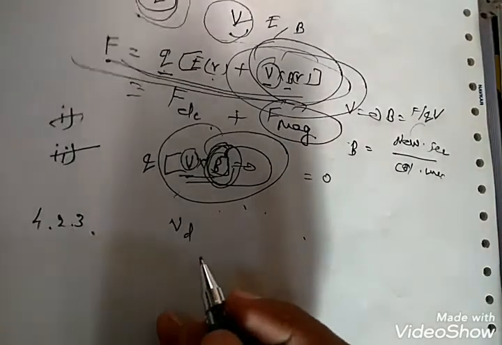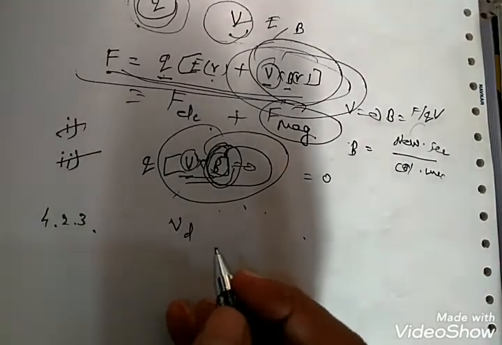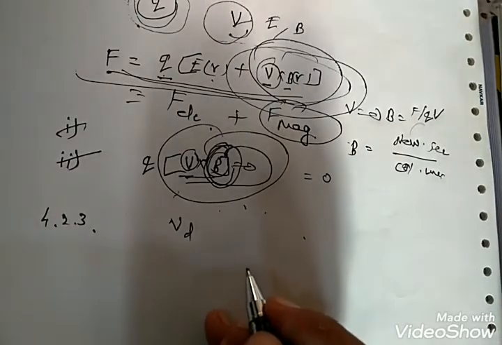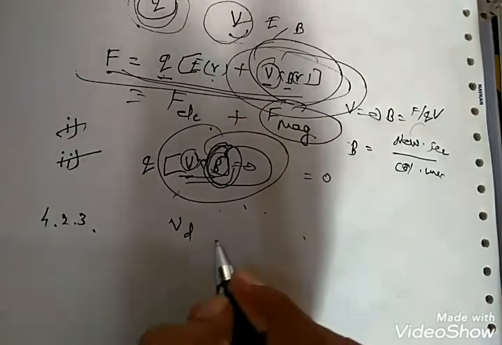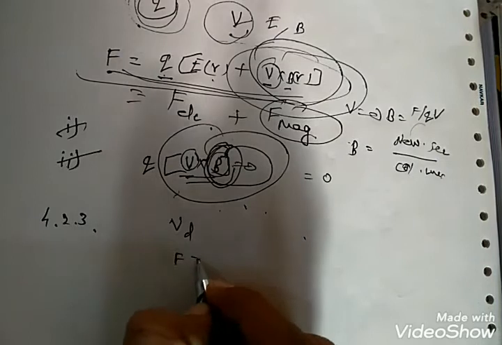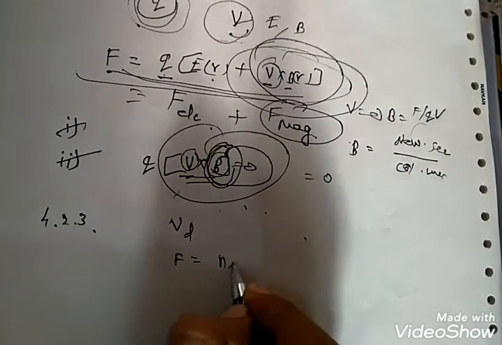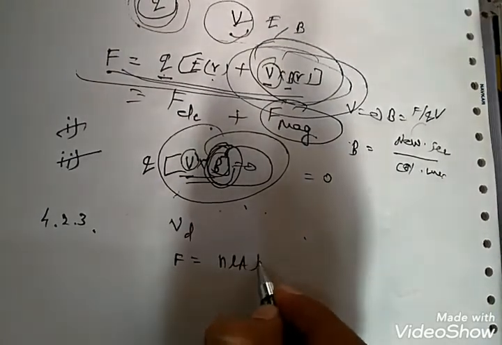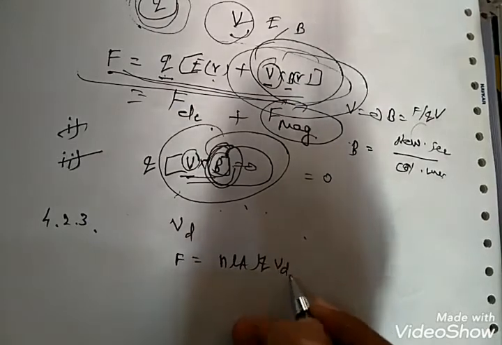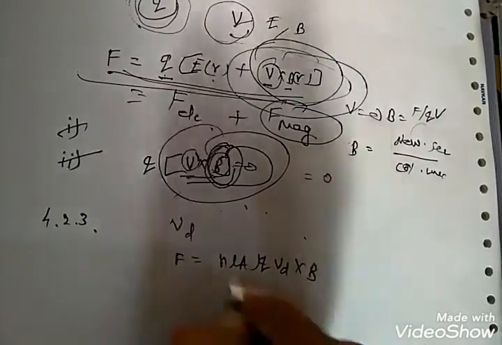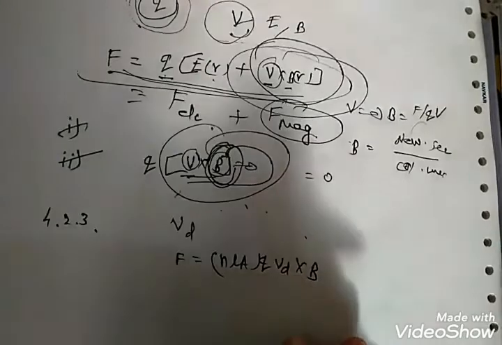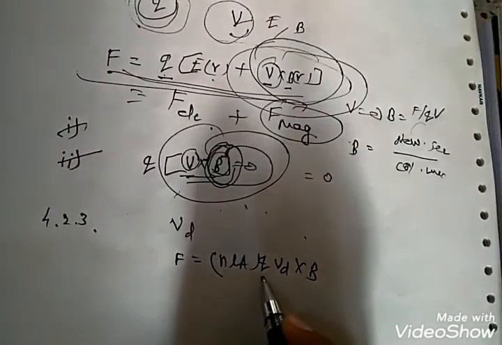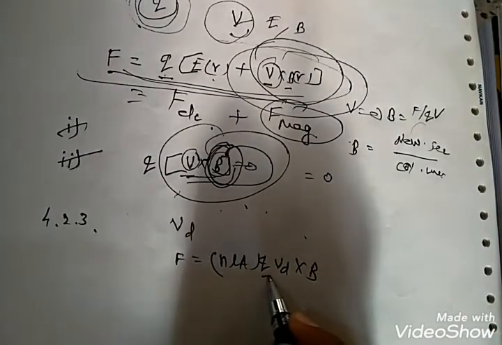In the presence of an external magnetic field B, the force on these carriers is F equal to n L A q vd cross B, where q is the value of charge on the carrier.